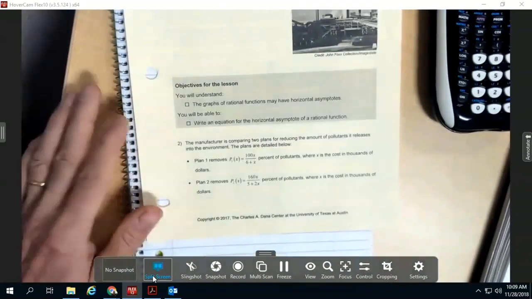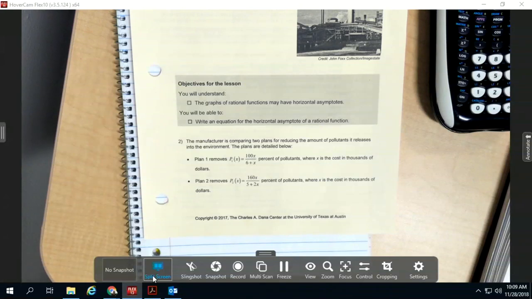Here we go, the two plans. Plan 1 removes P1 times X percent of pollutants, where X is the cost in thousands of dollars. Plan 2 removes 160X over 5 plus 2X percent of the pollutants, where the cost is in thousands of dollars. Now, we could be thinking about vertical asymptotes and zeros. Does it make sense that one of our zeros is 0?